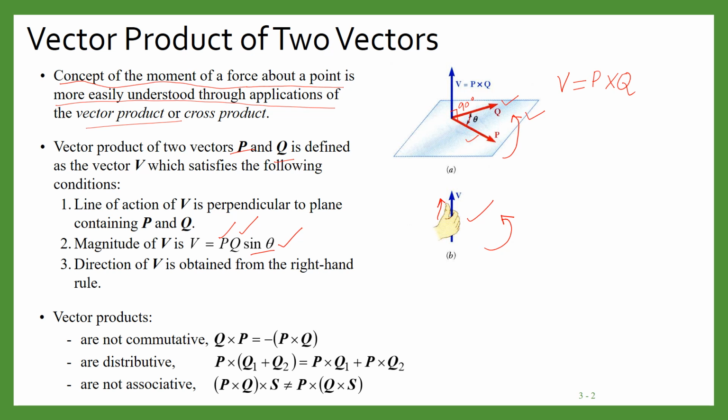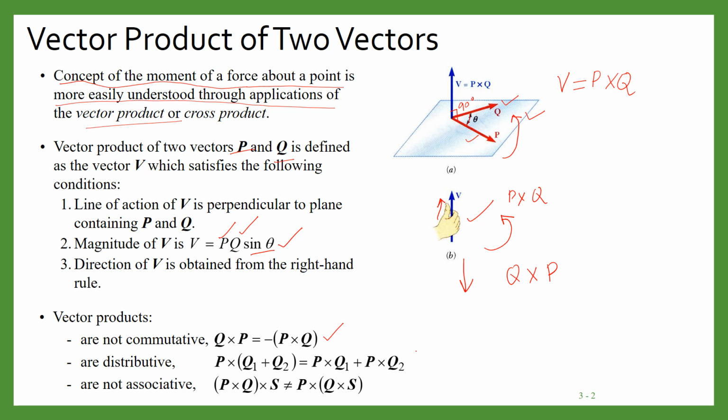Now there are certain properties of vector products. First one is they are not commutative. If this is p cross q, then q cross p will be in the downward direction.